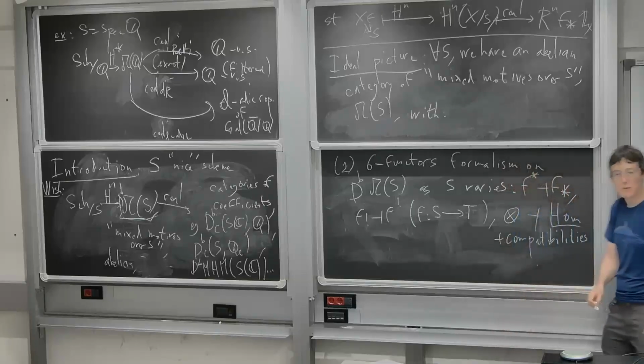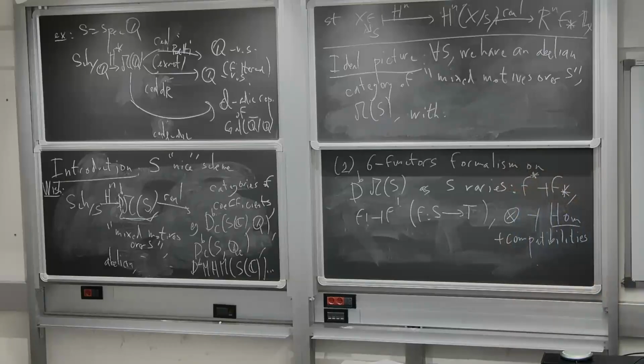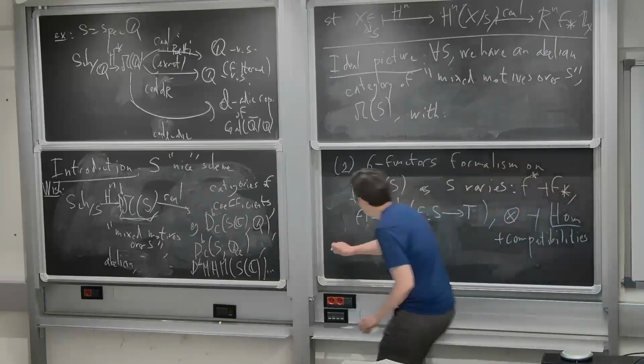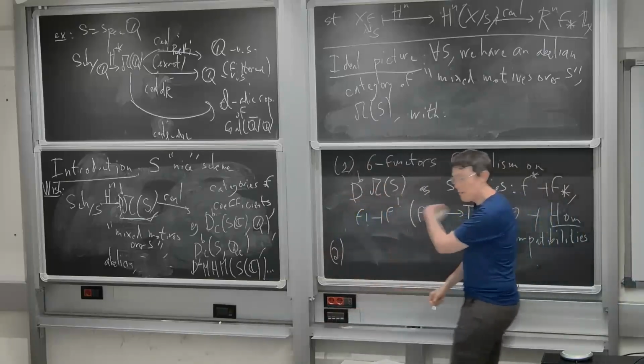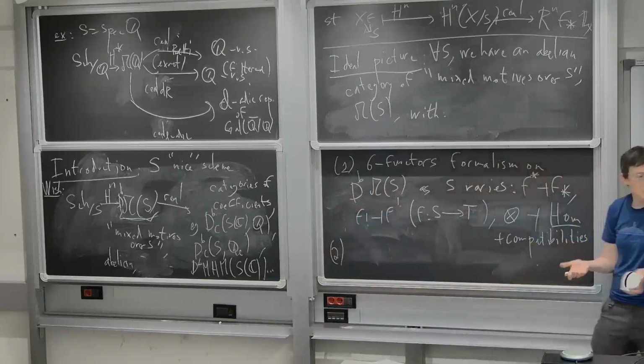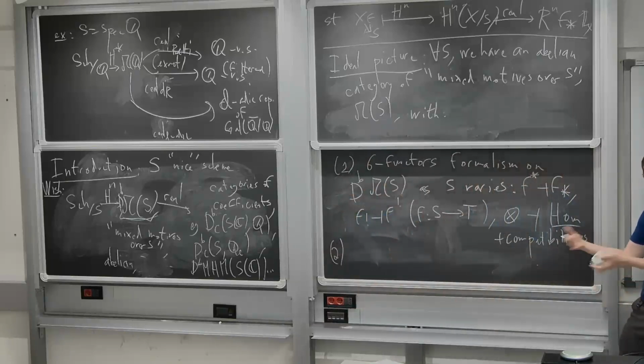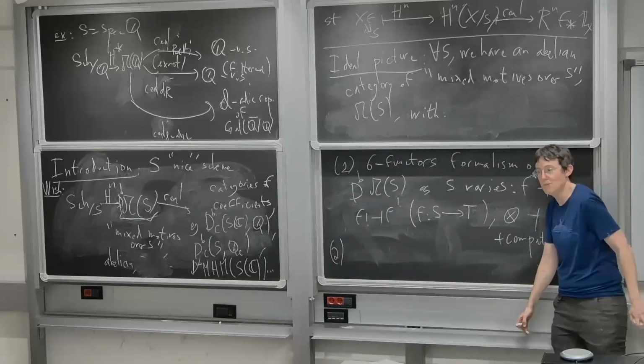I'm not going to define a six-functor formalism here, but like base change, projection formula, and things like that. And this is on the derived categories because, well, if you have a sheaf, for example, on S and you apply the direct image functor, and the correct object is the derived direct image functor, you're going to get a complex of sheaves and not just a sheaf.